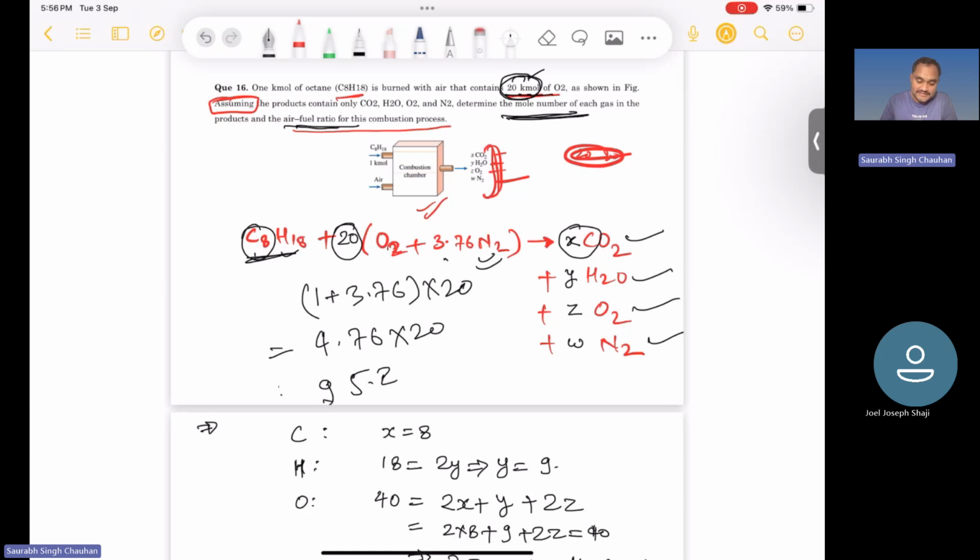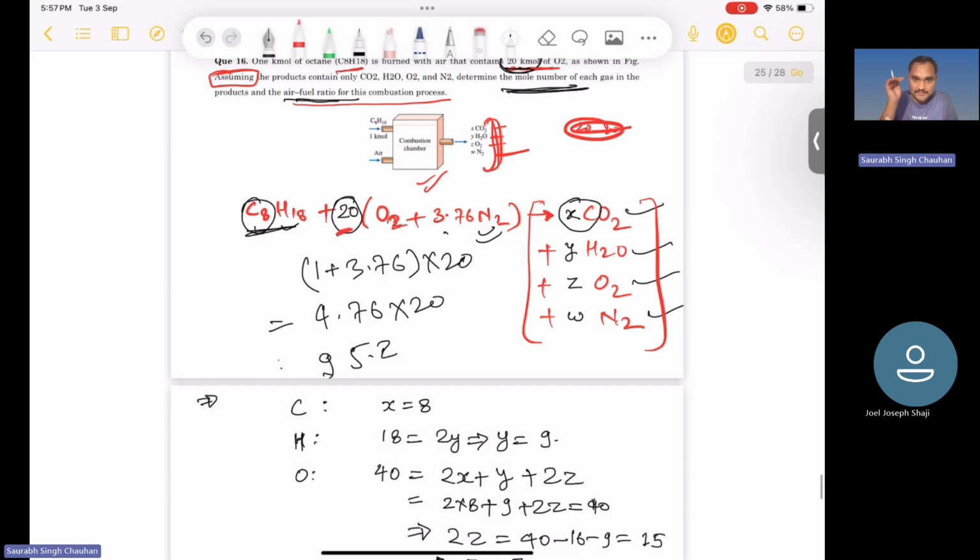And it is given that it is burned with 20 kilomole of oxygen, so that's why we have written 20 mole of O2. And we don't know the exact composition of CO2, H2O, O2, and N2. That's why we have written X, Y, Z, W, some variables, and we are finding the values of these variables.